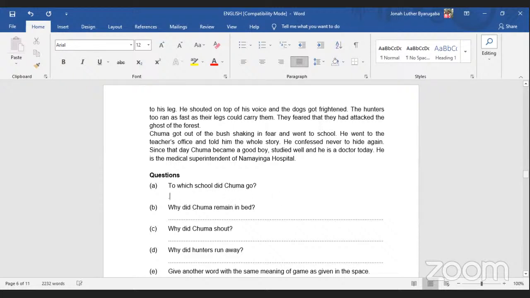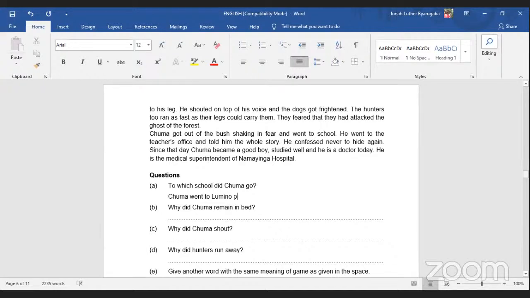So you have made me the secretary. Chuma went to, what is the name of the school, Shivan? It's Lumino Primary School. Spell it. It's L-U-M-I-N-O, sorry.